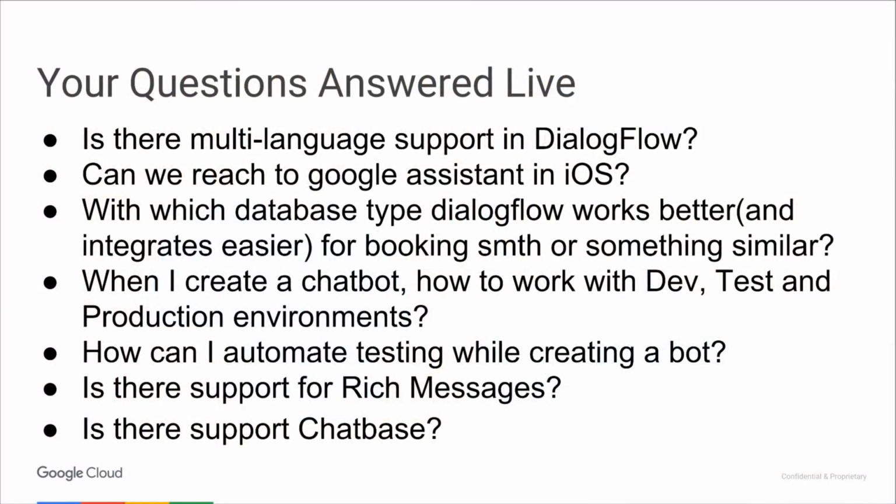When I create a chatbot, how does it work with development, test, and production? That's a good question. What I've seen people doing is they create separate agents: an agent for dev, an agent for test, and an agent for production. They use the dev agent to play around with and create the features.